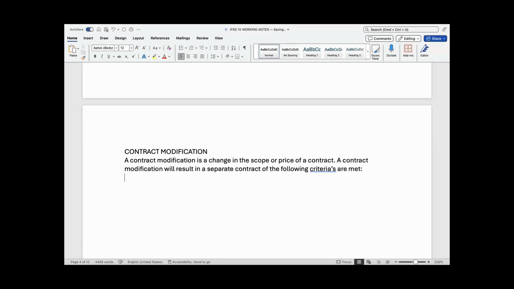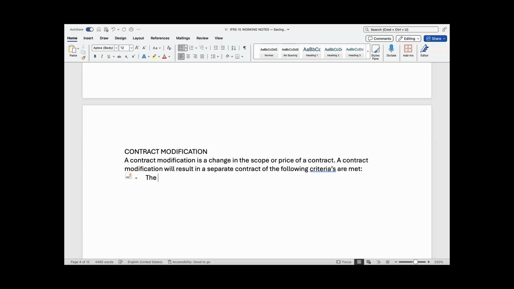So when there is a change in the price, or a change in the scope of a contract, you will see it as a separate contract. You will not need to adjust the existing contract. You will treat it separately if the following criteria are present.